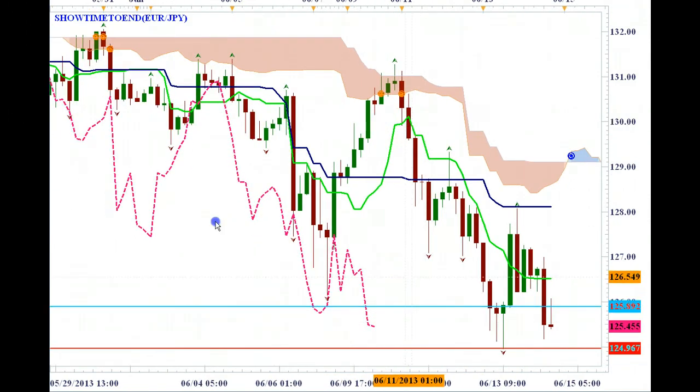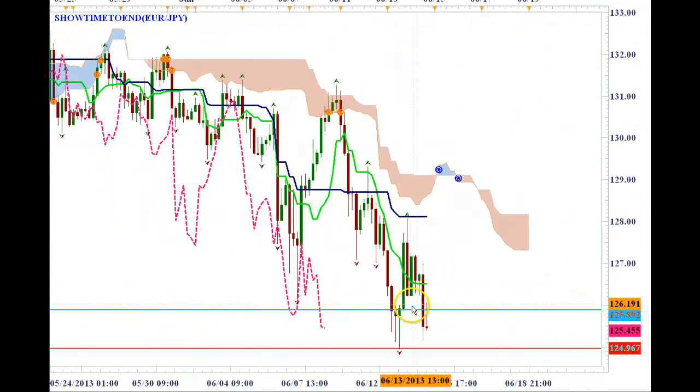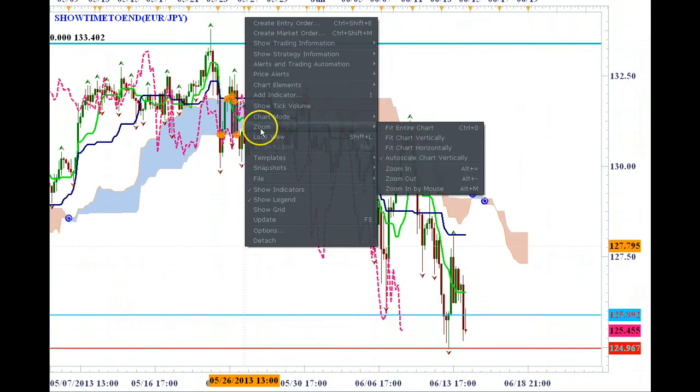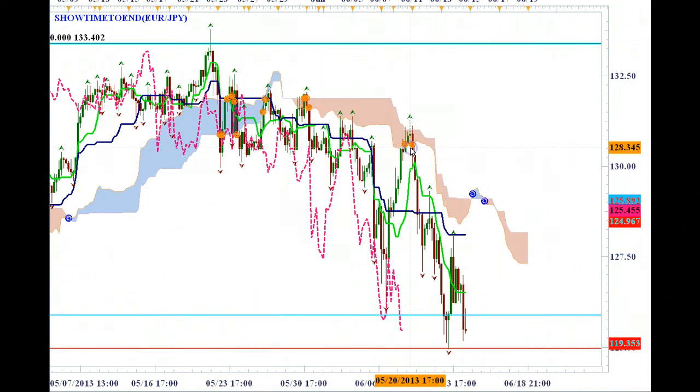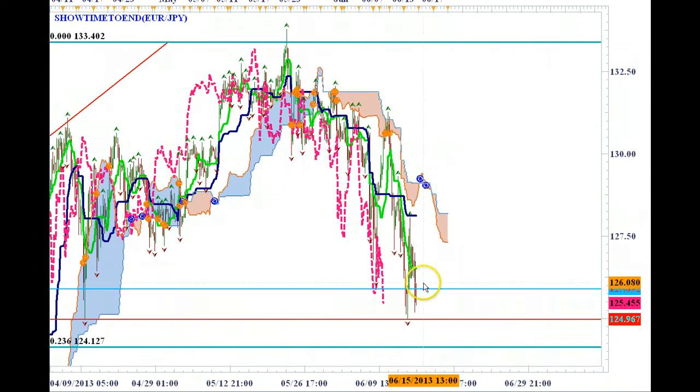Alright, so here's the cloud, bottom of the cloud on the daily time frame. We're below that, and then here's the lowest low.